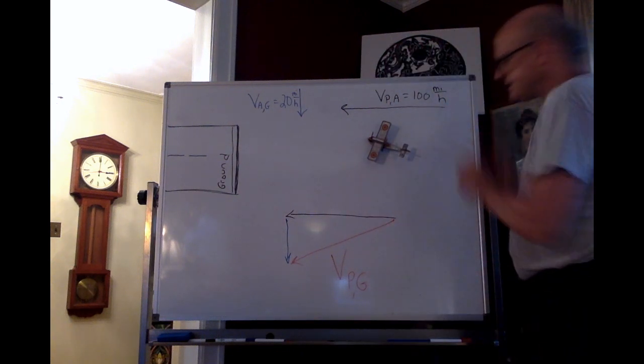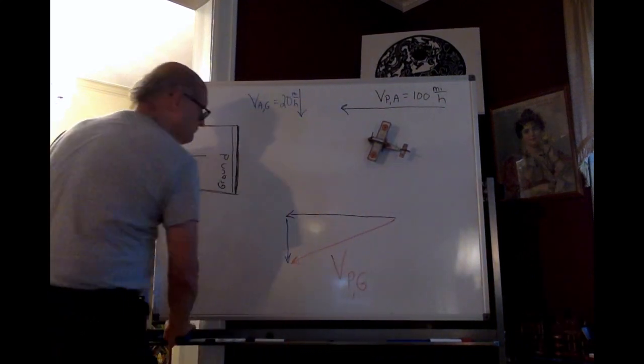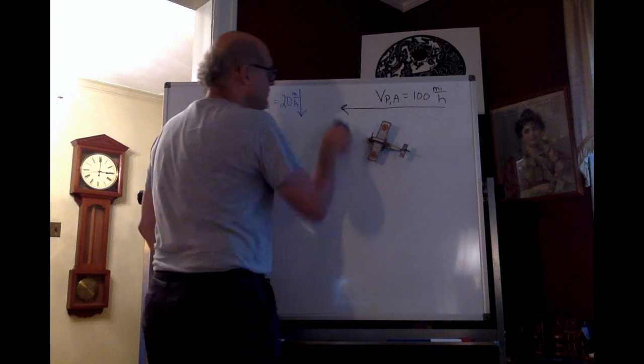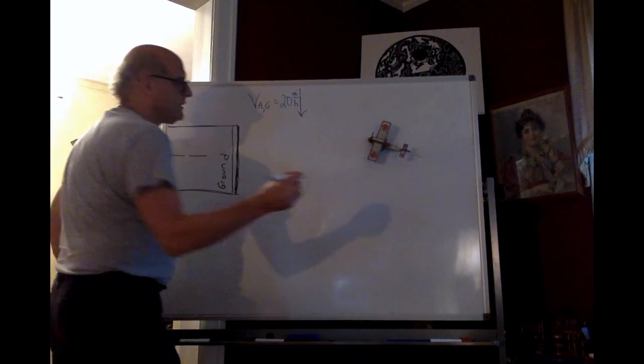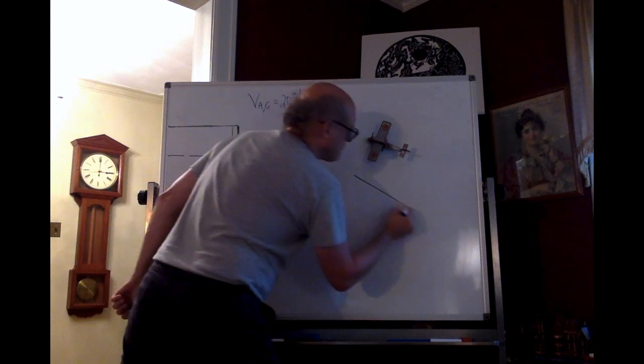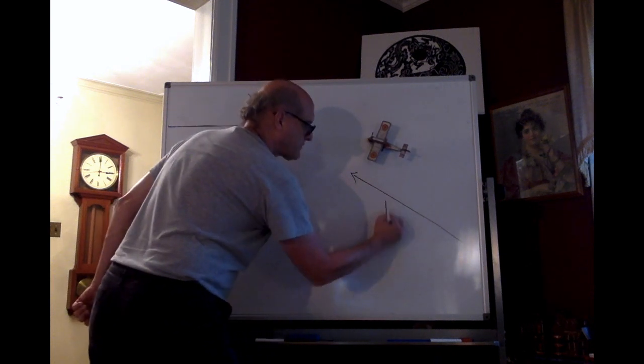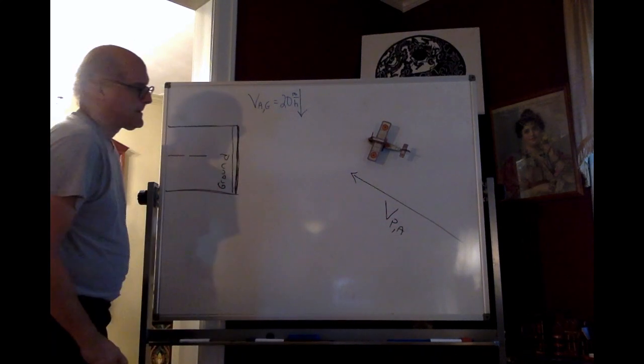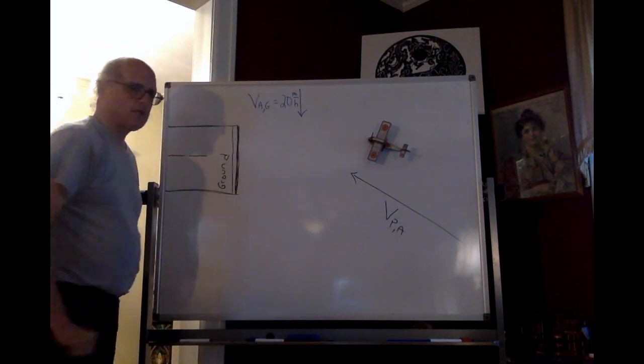So in landing at this runway, the airplane would have to travel at 100 miles per hour, because that's the minimum speed relative to the air, but in a direction something like that.